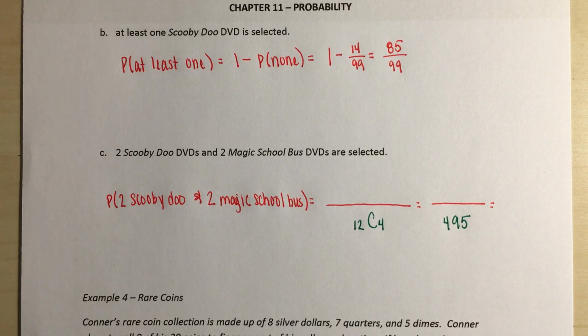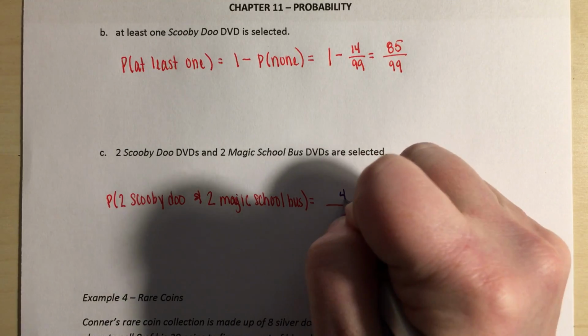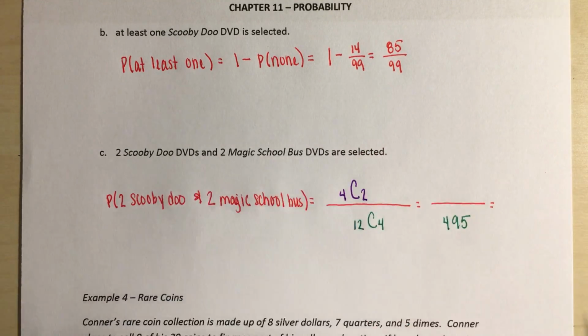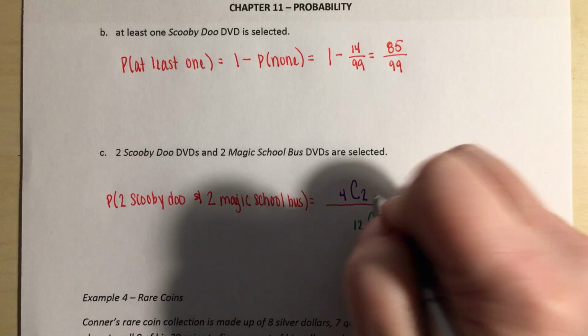Right, now we have 2 different things that we're looking at. We're looking at selecting 2 Scooby-Doo DVDs and 2 Magic School Bus DVDs. So 2 Scooby-Doo, we have a total of 4 Scooby-Doo DVDs. So we're going to take 4C2 for our Scooby-Doo. And then for our Magic School Bus, there were 5 Magic School Bus DVDs.